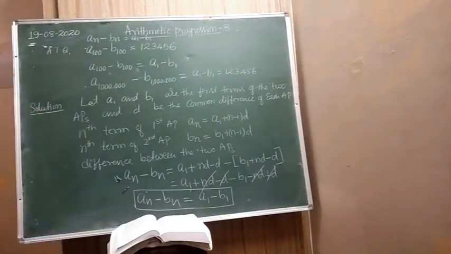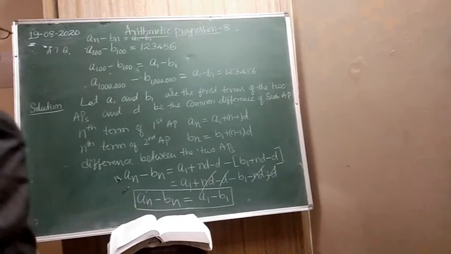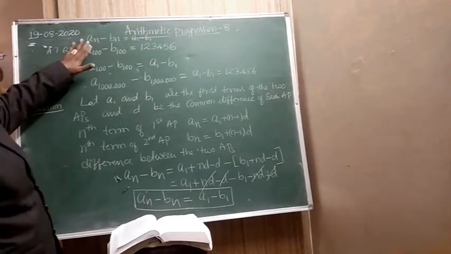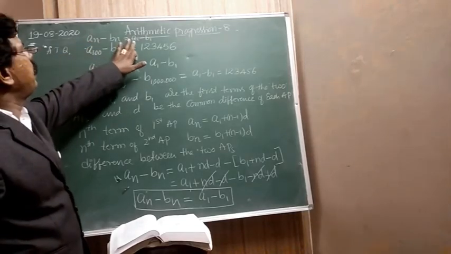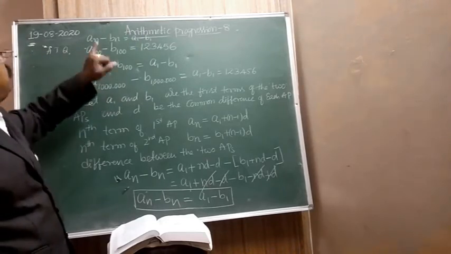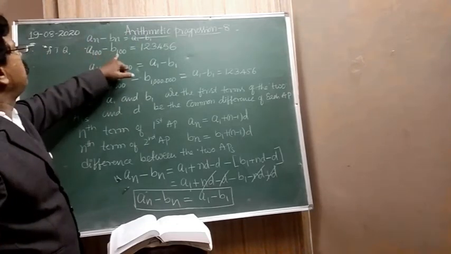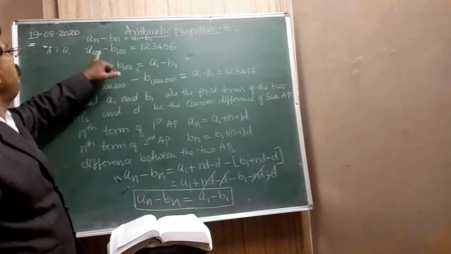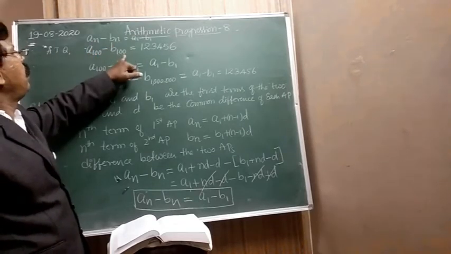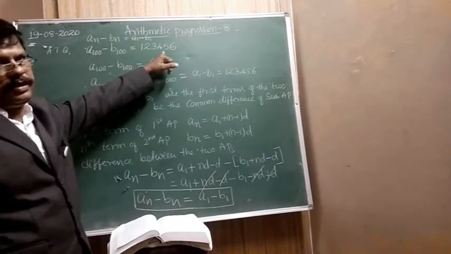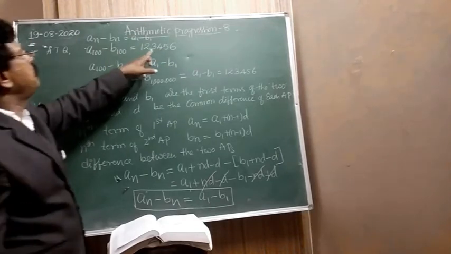This is finding the 100th terms and millionth terms like this. Understood? AN minus BN is equal to A1 minus B1. Here for the 100th terms, in place of N, you write 100. The difference between the 100th terms is this.